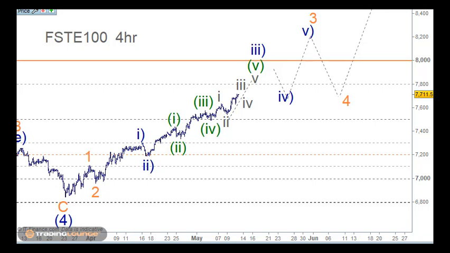It's all about trade signals and risk management. But still, it's good to look at all the possibilities, and even if you don't trade other markets, it's good to have a look around and see what the other ones are doing. So in this case here, this may not be the count, but it is a count that is suitable.